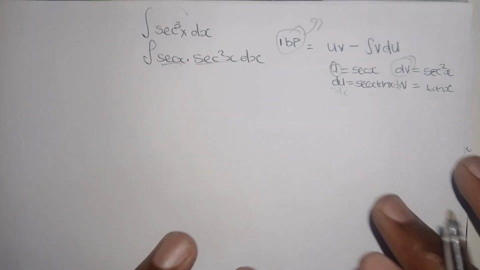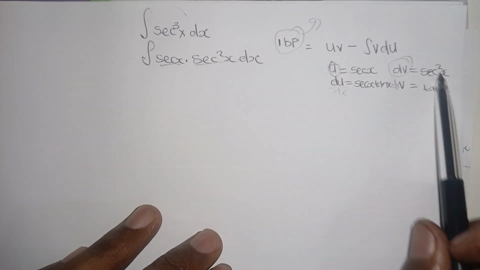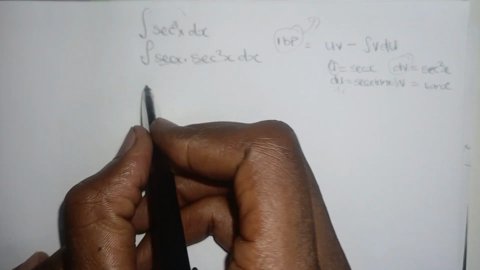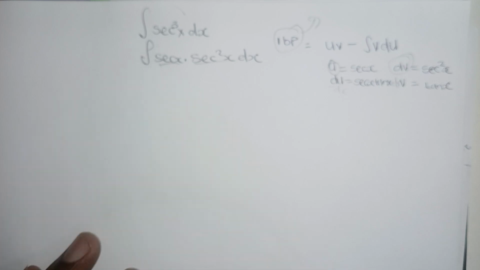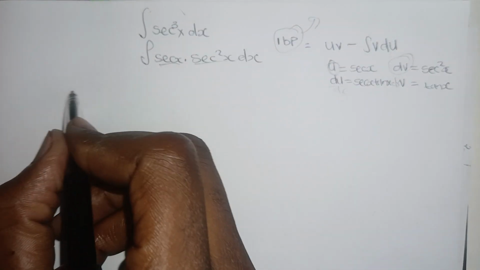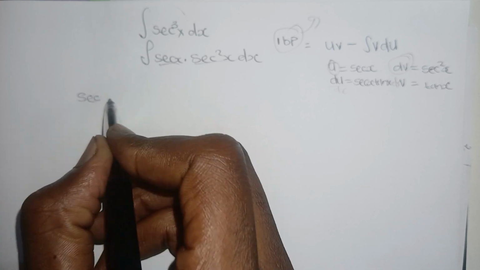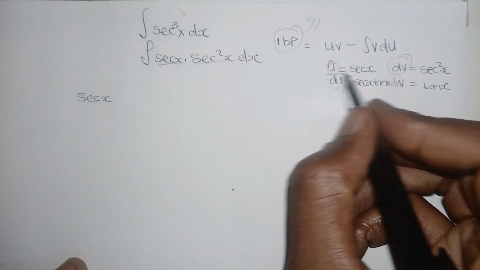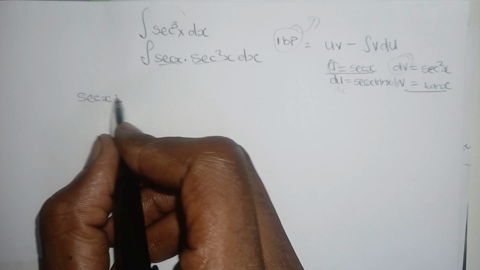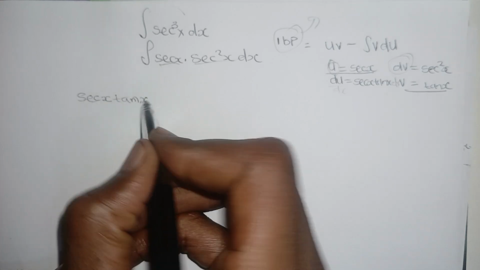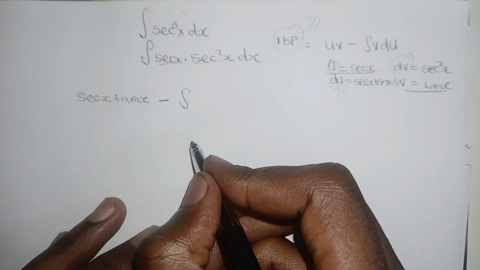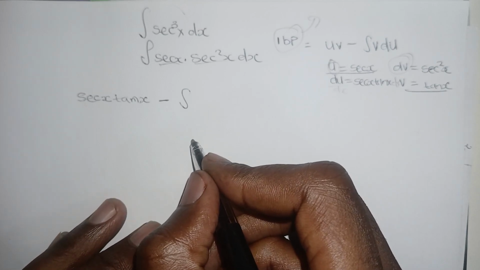Now, if you understand this part, we can just put them in the formula. We can just say, now, sec x, this is u, and then what is our v? Our v is tan x. So tan x, right, minus the integral of v, right?